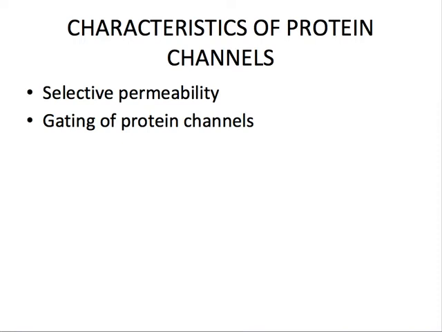The characteristics which define the permeability of these protein channels are their selective permeability, and then the gating mechanism of these protein channels, the control of the flow provided by the protein channels. This could be a voltage gating, or it could be a chemical gating.